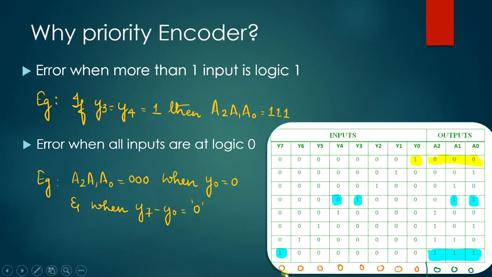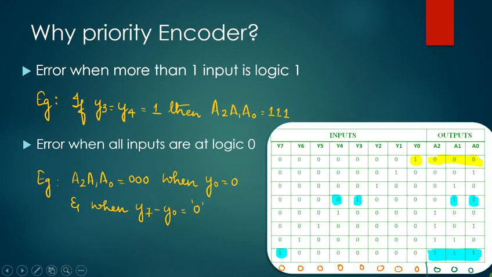We can also have another case wherein all the inputs are 0 and the outputs are all zeros. So there will be a contradiction in this case as well, because for y0 equal to 1 we have all outputs equal to 0, and for all inputs equal to 0, we have output equal to all zeros.